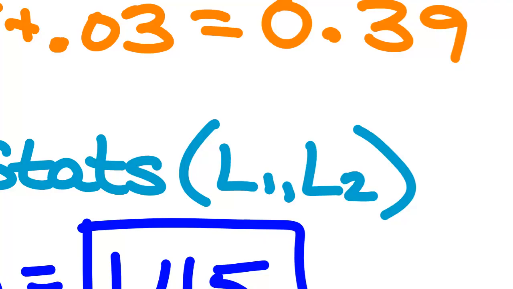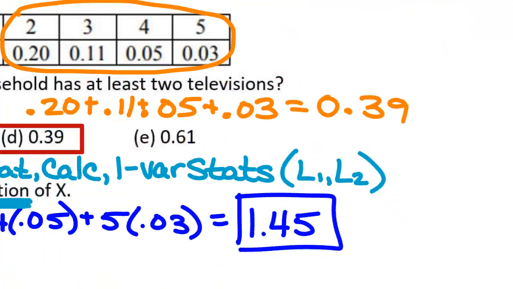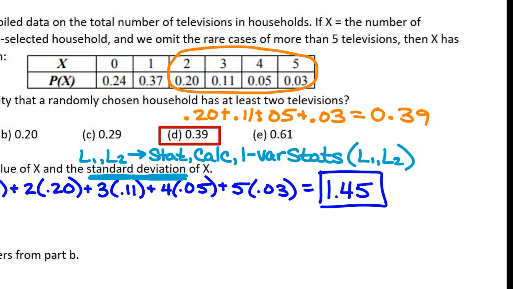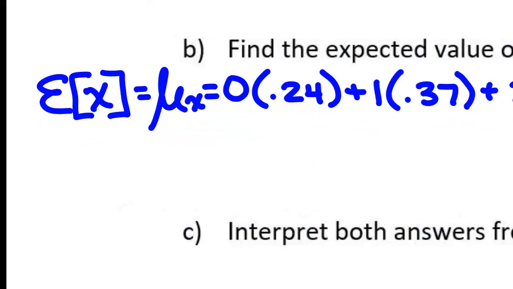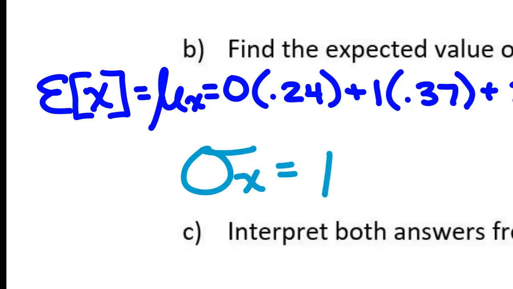When you're working with the yellow calculators from the back of the room, it will prompt you, what do you want for X? What do you want for frequency of X? And when you pop all of that into the lists, and then you do stat, calc, 1 variable stats, you should get 1.268 approximately.